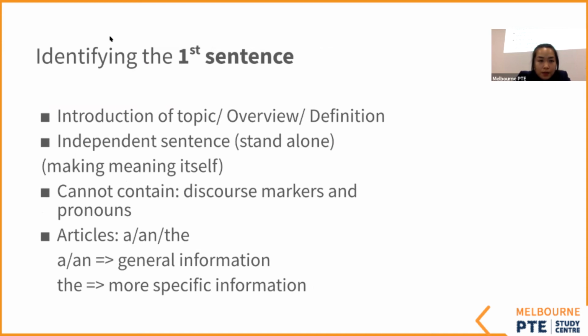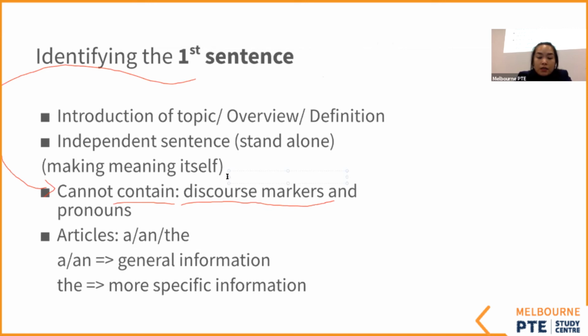Now, next one. I need you to remember this, okay? The first sentence cannot contain a connector, which is a discourse marker. All right.